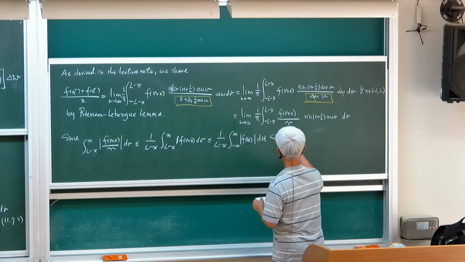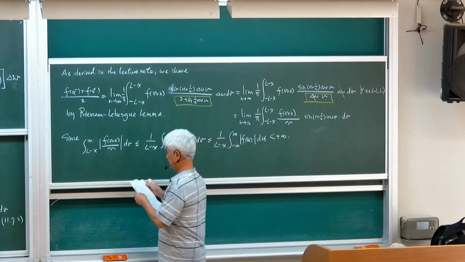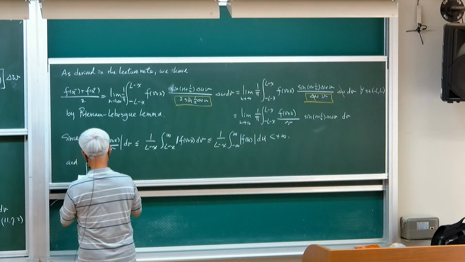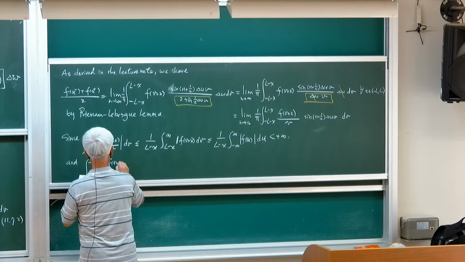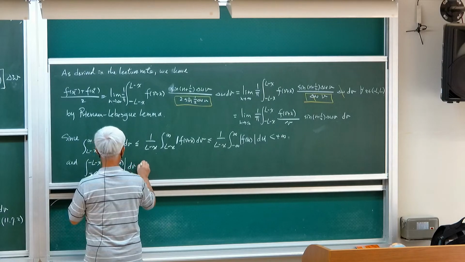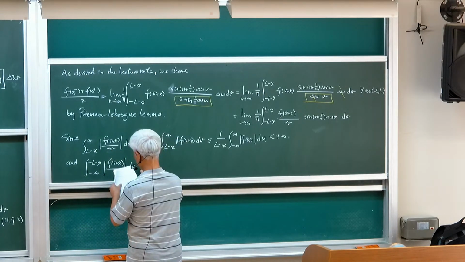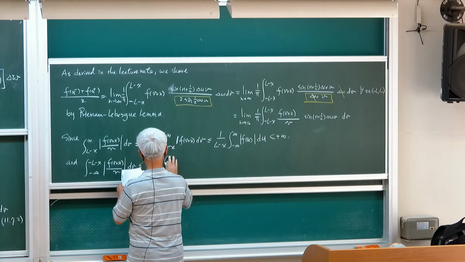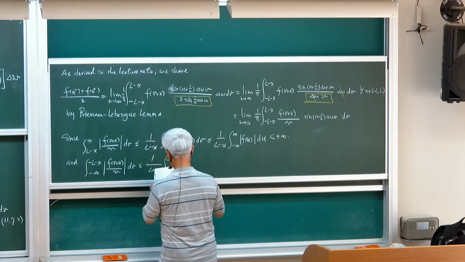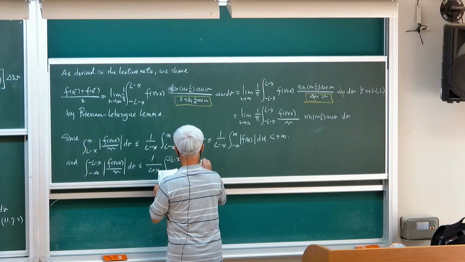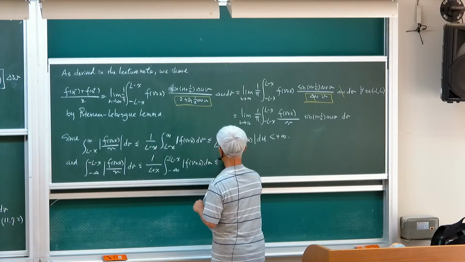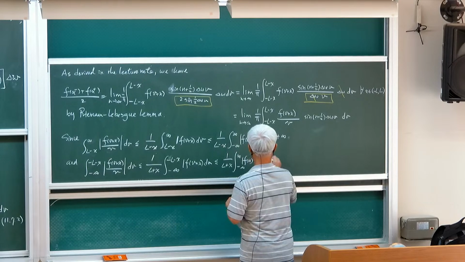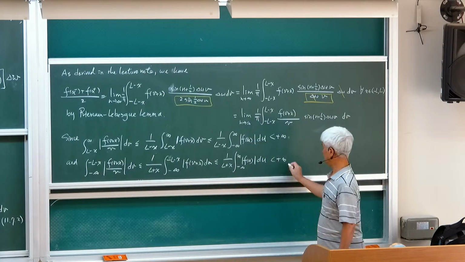Also, if we evaluate from minus L minus x to minus infinity, once again this is L plus x, minus L minus x, minus infinity, v plus x and dv. And once again, this is also finite.